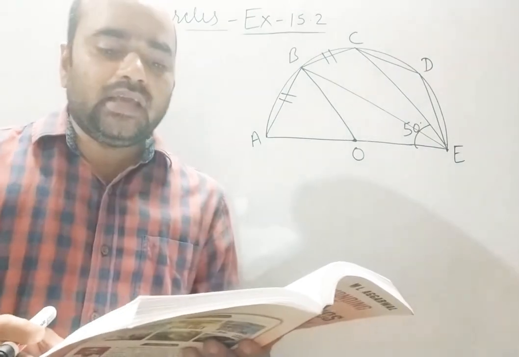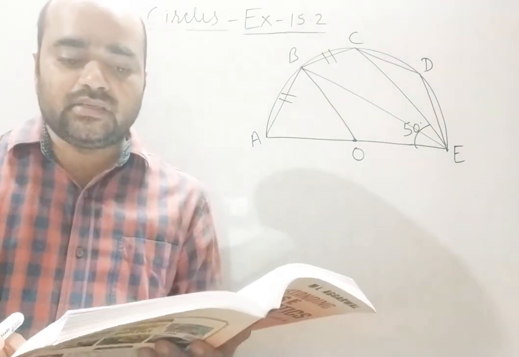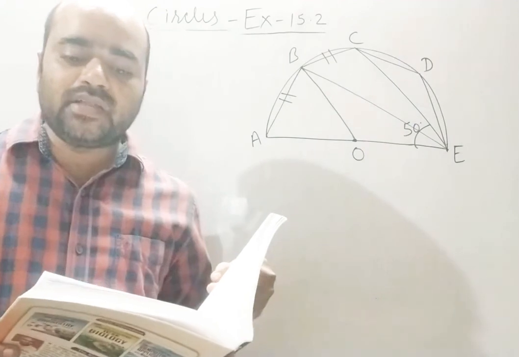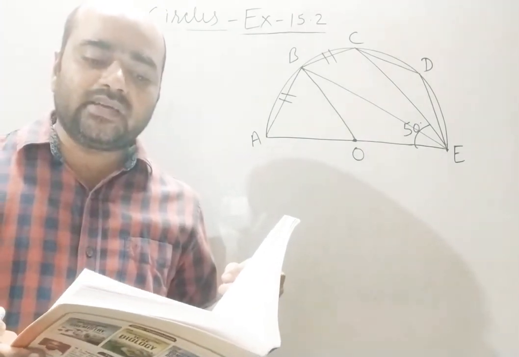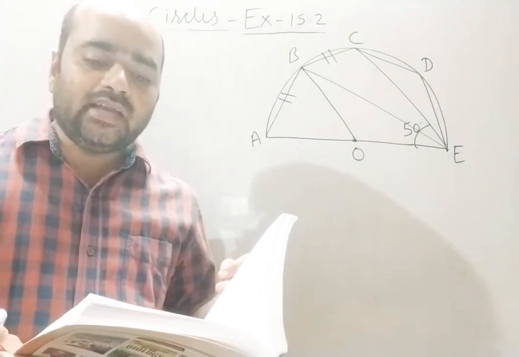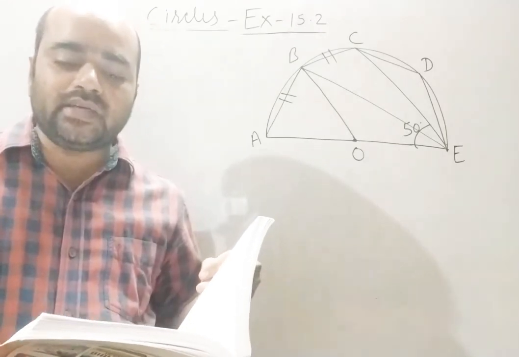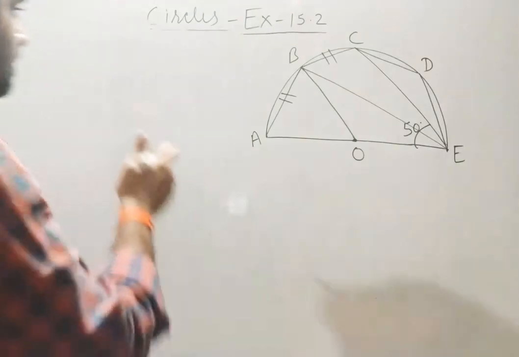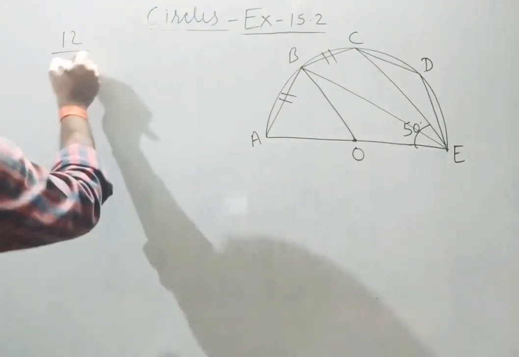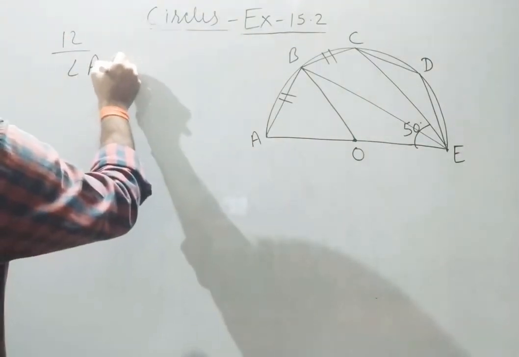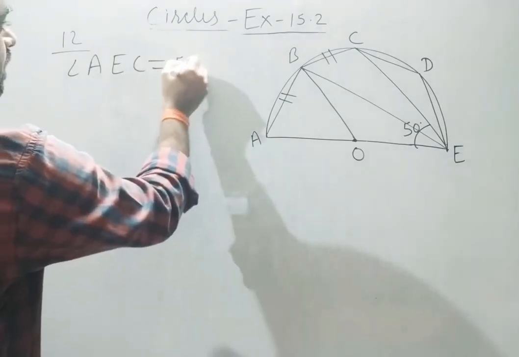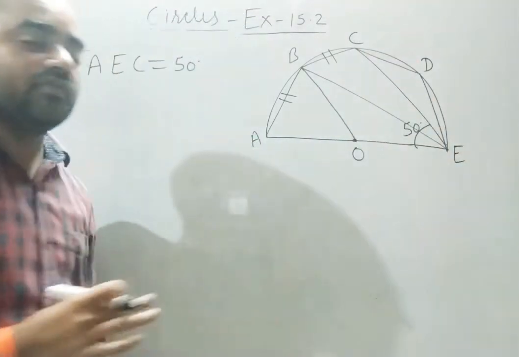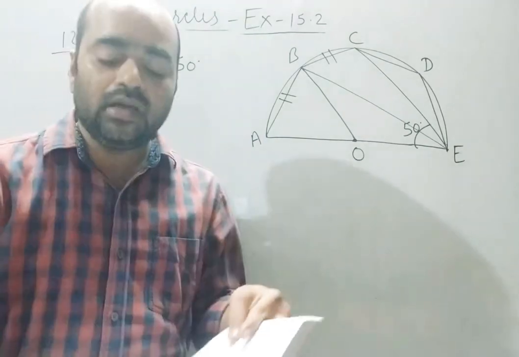And angle AEB is given 50 degrees. See, this is the mistake. The diagram is correct. In the diagram, the angle mentioned is correct, but what is written is not correct. Angle AEB is given 50 degree, but it is not angle AEB, it is angle AEC. Correct. Question number 12: angle AEC is given 50 degree. See the diagram, but in the question it is written angle AEB.